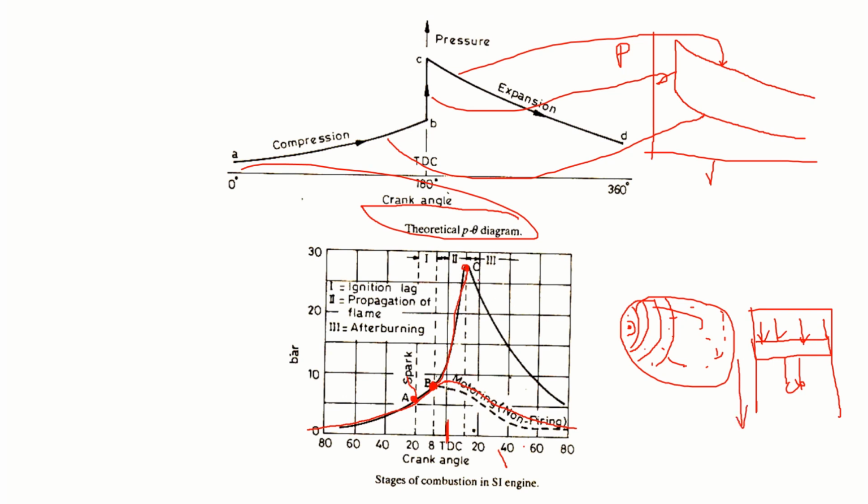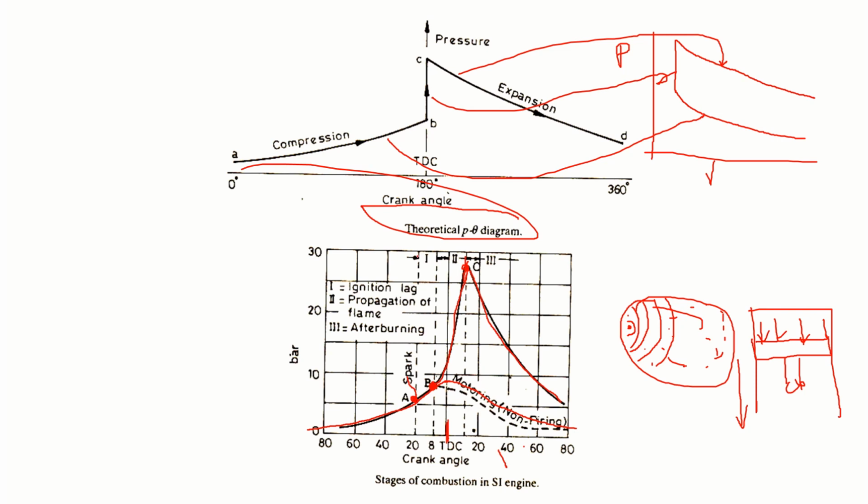As it goes down, it expands and the remaining air fuel mixture will burn out and release the energy. More than around 70% of the energy gets released by this point and the remaining energy gets released over here. This is what we call the stages of combustion in an SI engine.